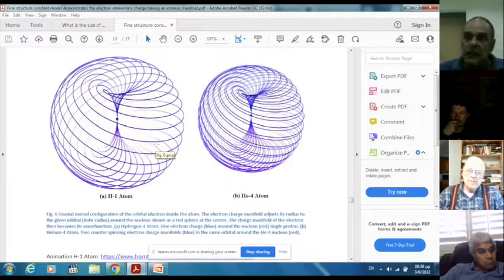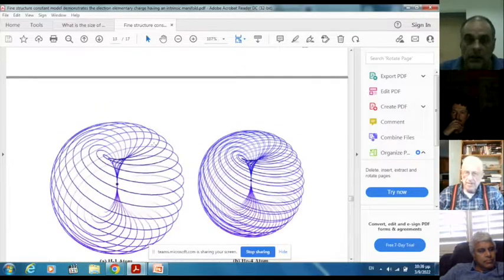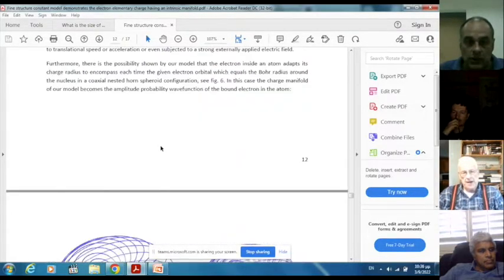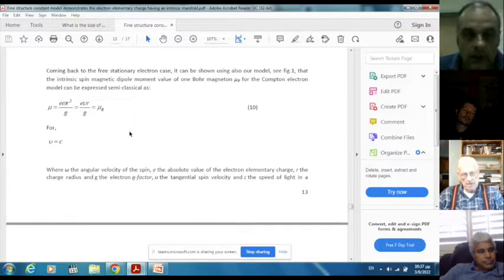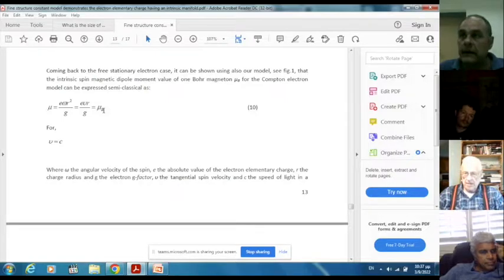But besides that, we believe that inside the reference frame of the electron, this manifold shrinks when it's in translational motion, because these equations are actually for the stationary electron.